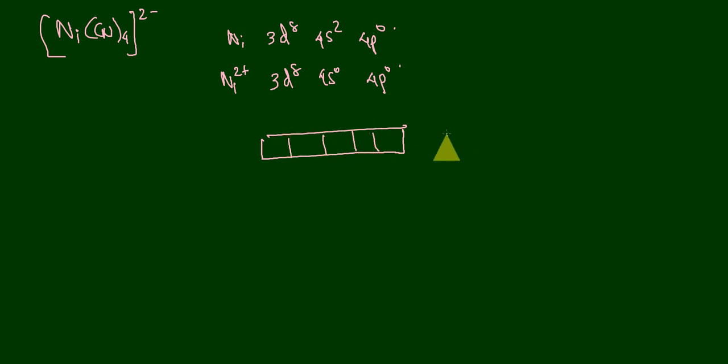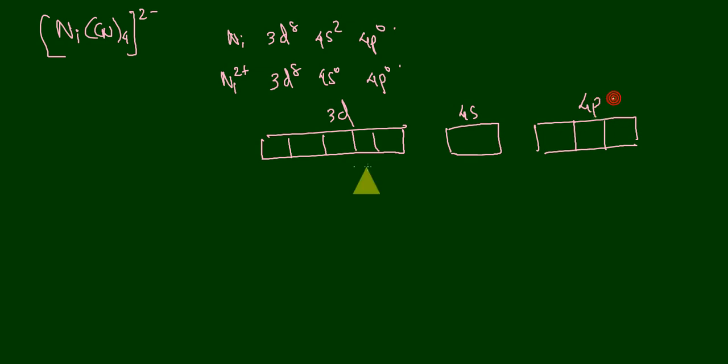Then we have the 4s orbital. Then we have the 4p orbitals. So let me put the electrons inside the 3d orbitals. We have 3d8, so 1, 2, 3, 4, 5, 6, 7, 8. Eight electrons are there in the 3d.